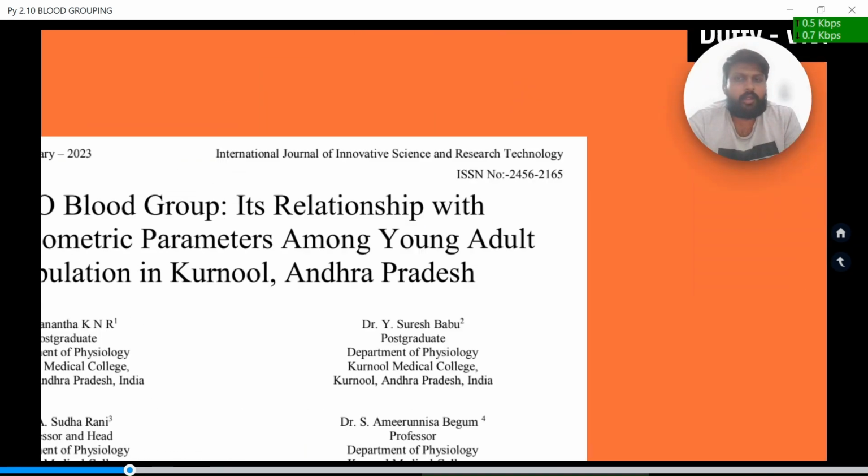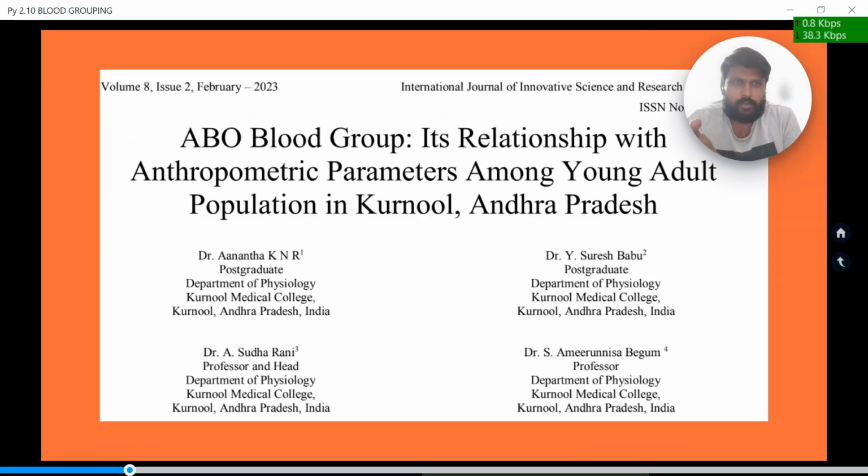Next is, as I told you, one of the studies which was done by me when I was a postgraduate, on the anthropometric relations with ABO blood grouping. It varies from ethnicity or from place to place. For example, my study concluded that weight and BMI are relatively higher among B blood group people, and height is relatively more, of significant value, in the A blood group.